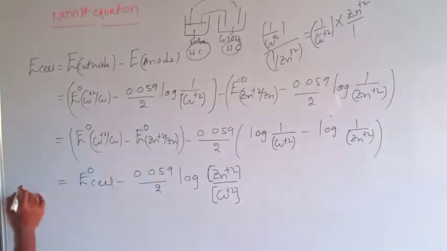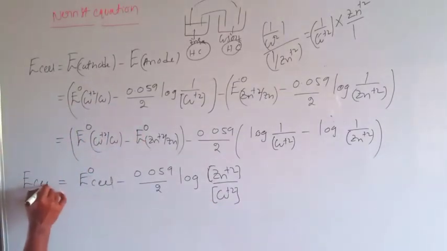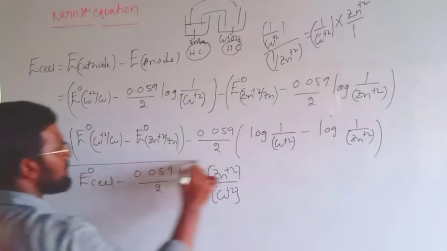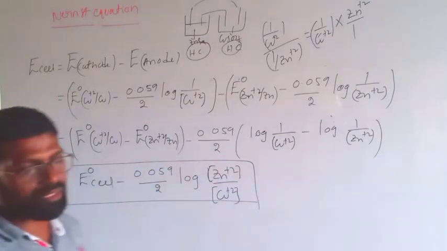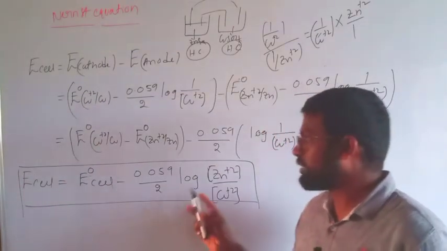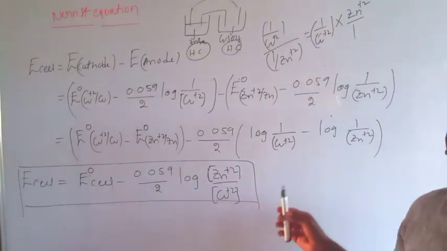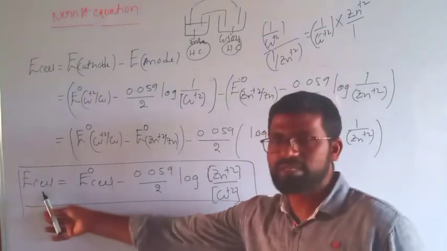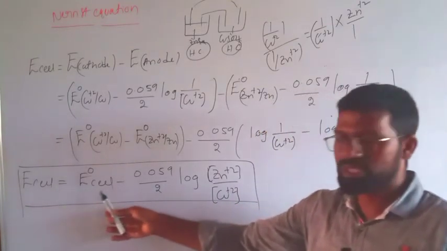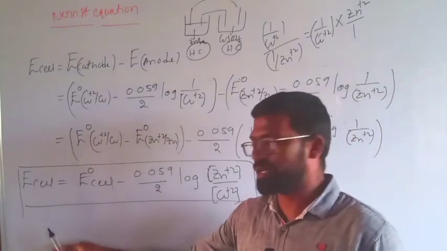So here, E cell is equal to E naught cell minus 0.059 by 2. This is the modified form of Nernst equation for the galvanic cell. This is for the complete cell reaction, the complete cell electrode potential.